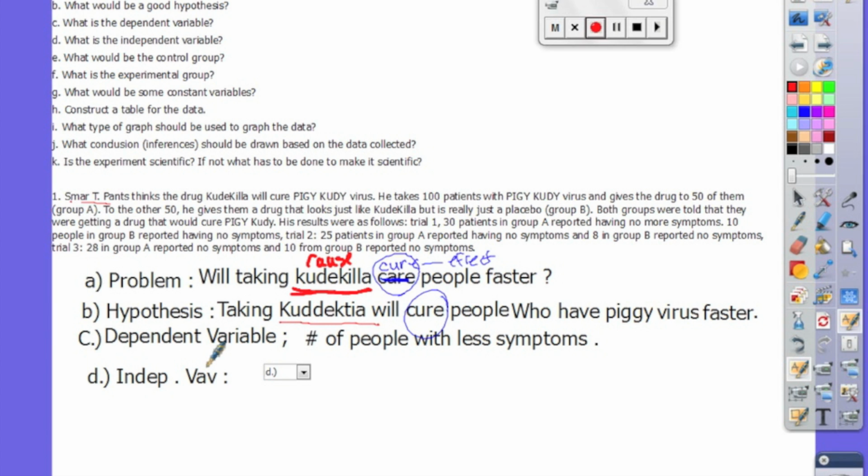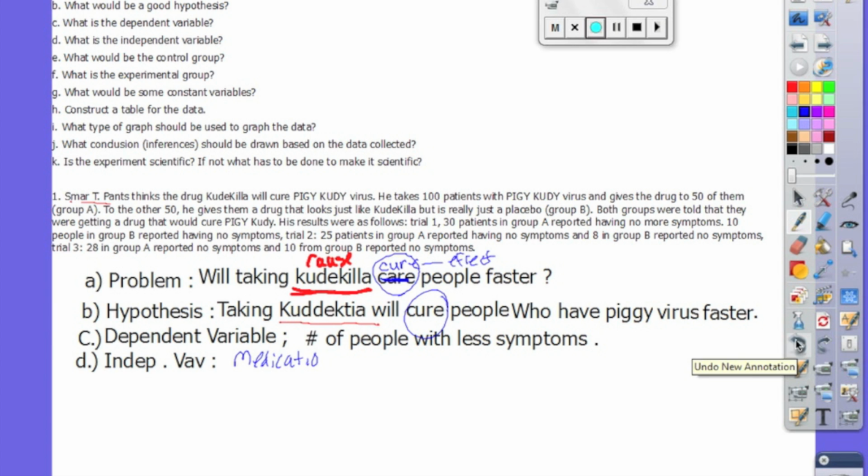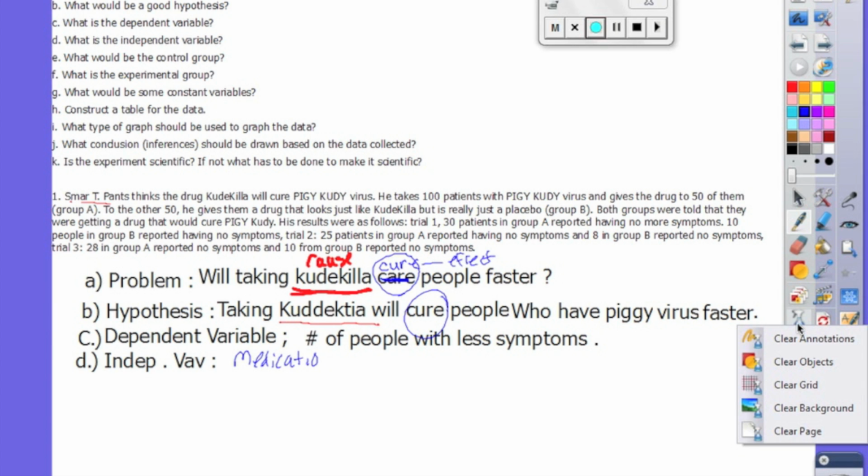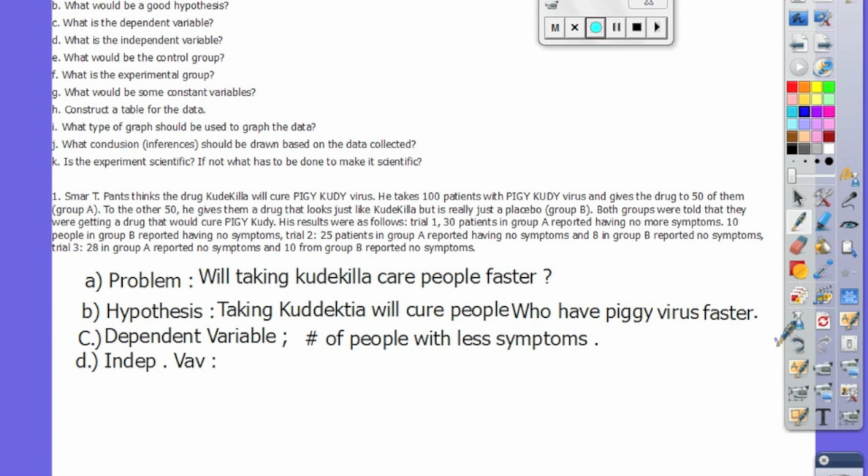Independent variable is what we're changing. In this case, we are changing the medication, whether they have it or not. So independent variable is medication. Let's go back over here to recognition.